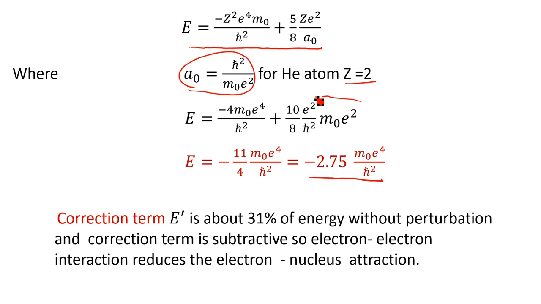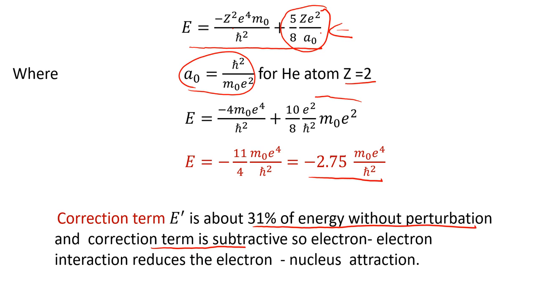This correction term, 5 by 8 Z squared upon a naught, is about 31% of the energy without perturbation. That means this is 31% of this energy. And the correction term is subtractive because this is a minus and this is a plus. So the correction term is subtractive.